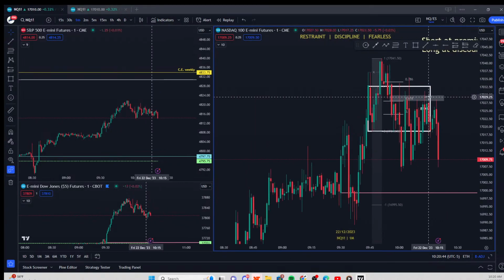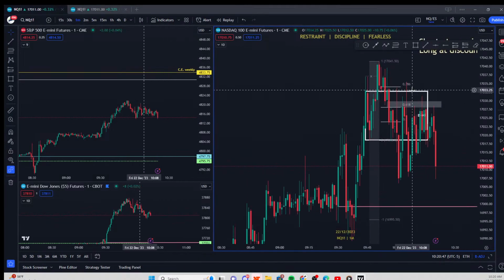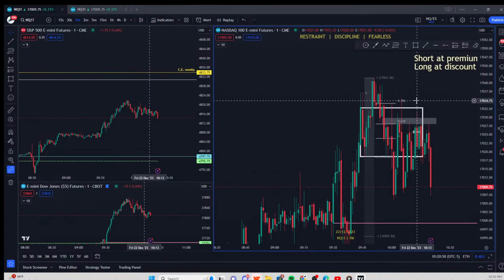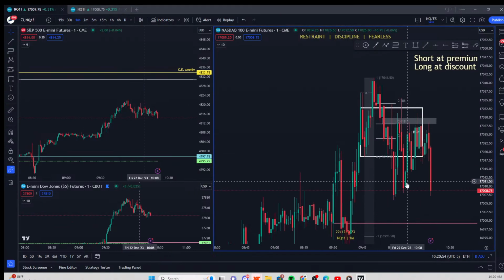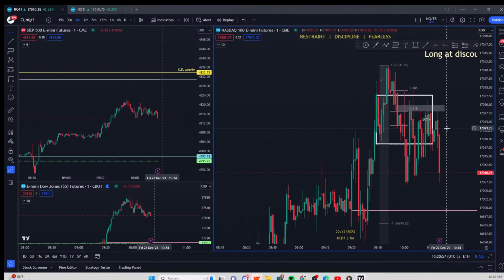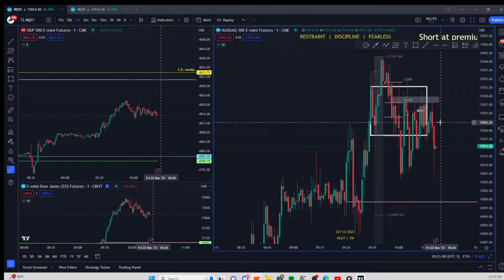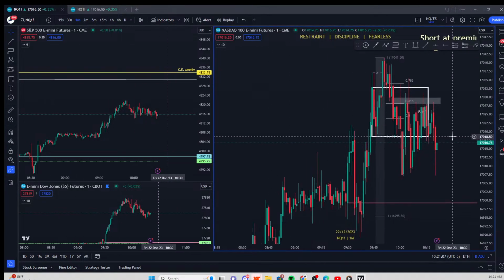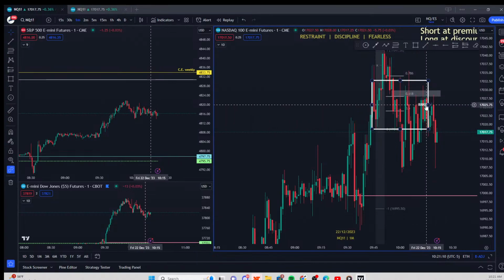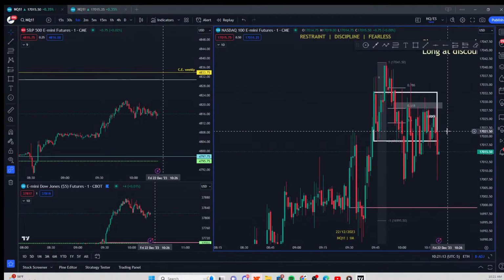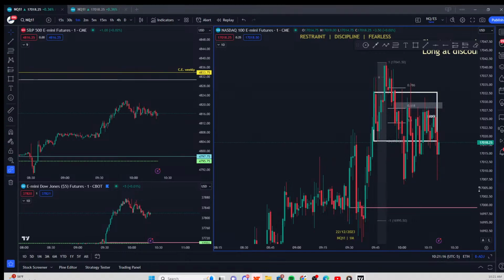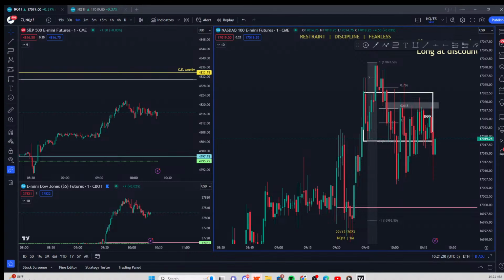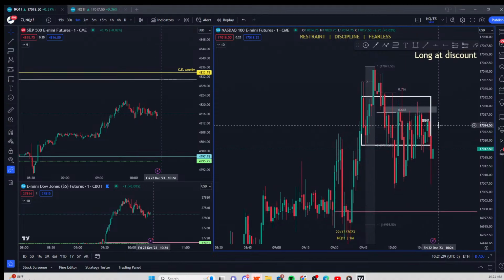I'm anticipating that this rejection here will keep on working as long as we don't close above it, and the stop will be the high, which is a very tight stop for many 20-point rejections. Back inside the breaker again.